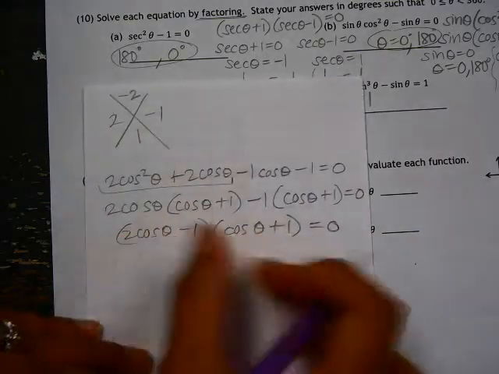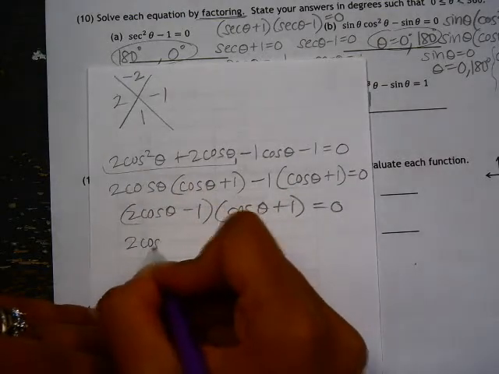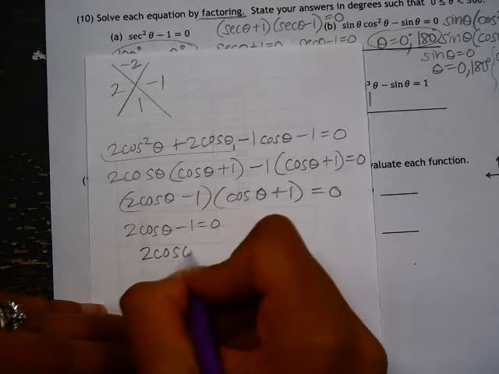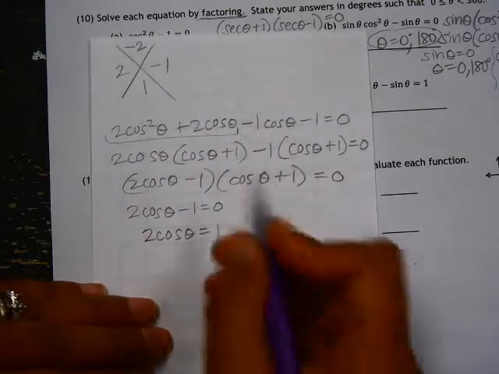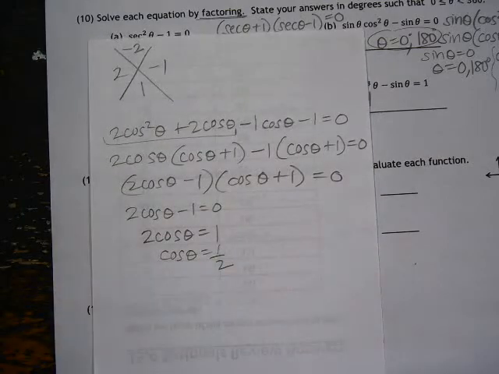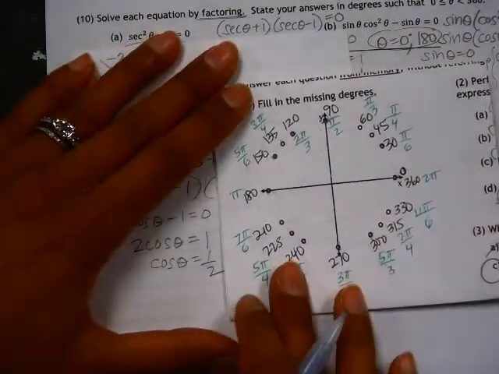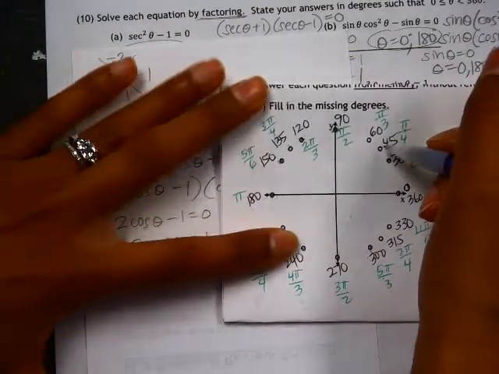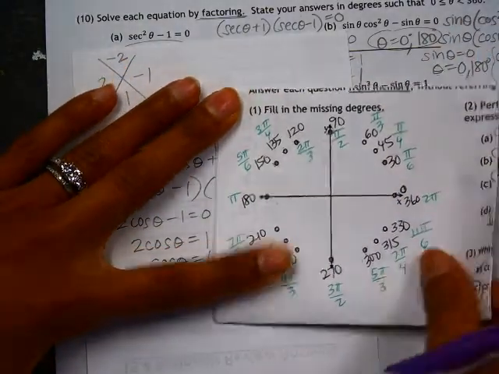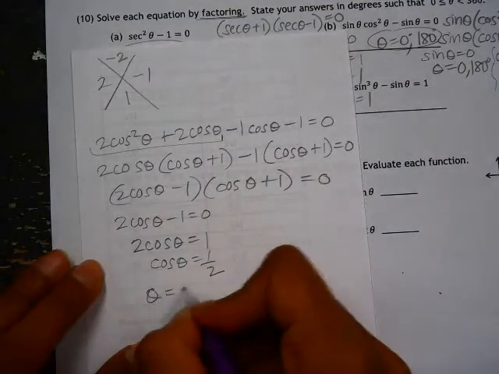So if we set each of these factors equal to 0, 2 cosine theta minus 1 equals 0. If we solve this, we can move the 1 over and divide by 2. So cosine of theta is 1/2 at both 60 degrees and 300 degrees.